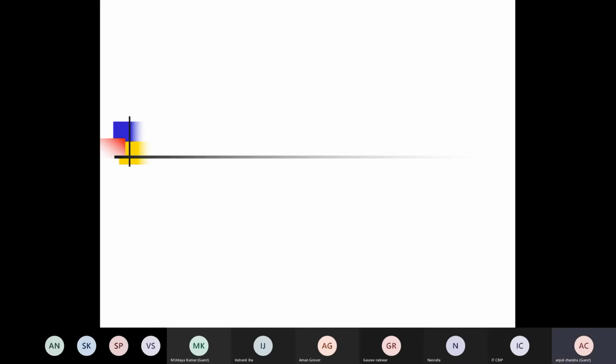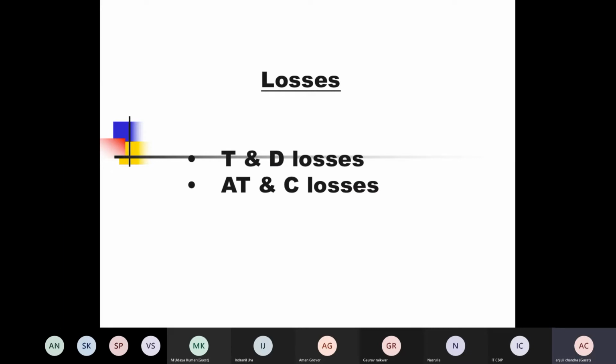And how do we calculate that? We denote our losses by two nomenclatures, either transmission and distribution loss or AT&C loss, which is aggregate technical and commercial losses. I'll explain the difference to you, but first let us do T&D loss.